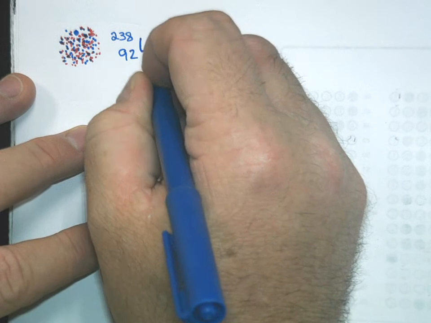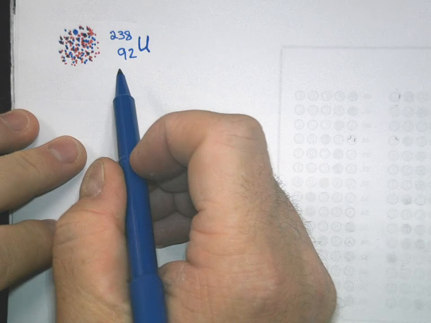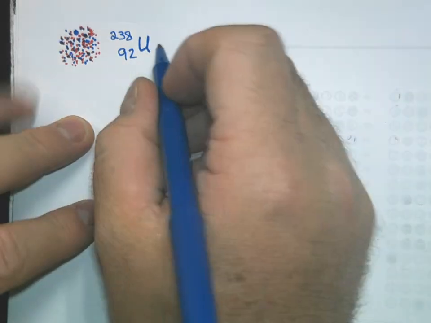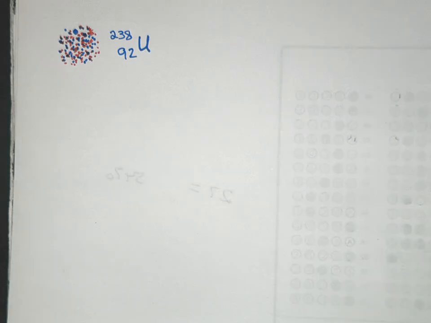Okay, this is a radioactive nucleus. 92 is greater than 83, therefore this is going to be a naturally occurring radioactive nucleus. This wants to give up. It's too big. 92 is just too big. It needs to get rid of some of its atomic number. So how's it going to do that? It's going to spit out an alpha particle.